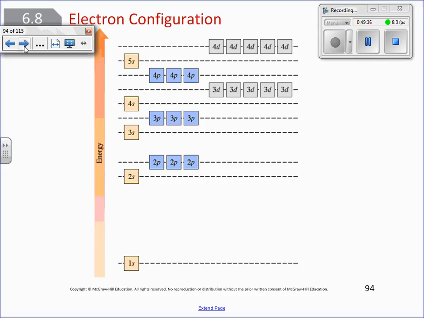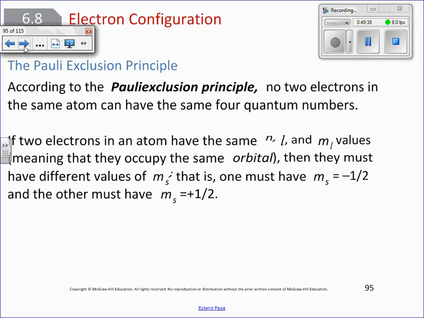The Pauli exclusion principle says no two electrons of the same atom can have the same four quantum numbers. So that's where electron spin comes in. One has to spin clockwise, one has to spin counterclockwise.